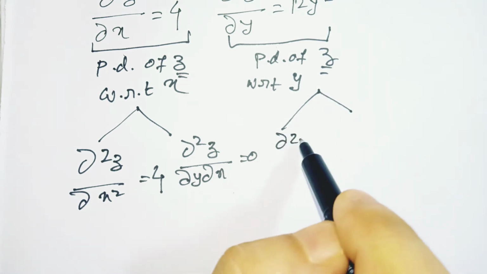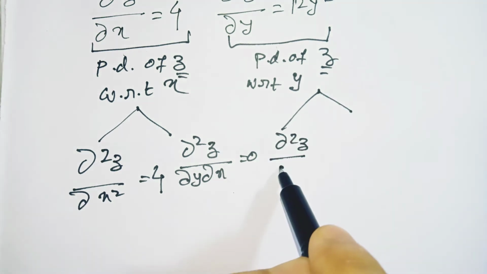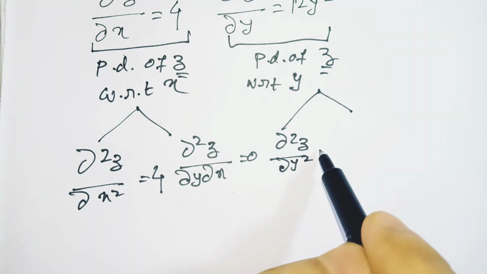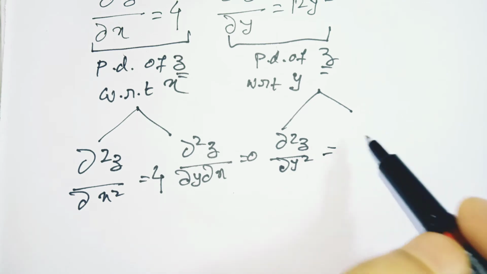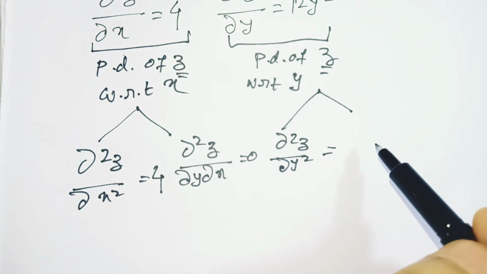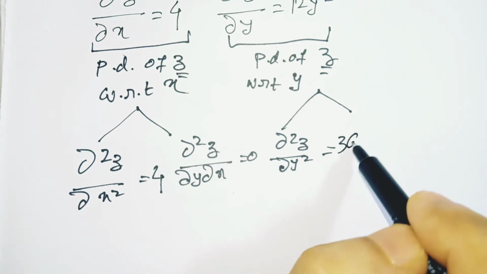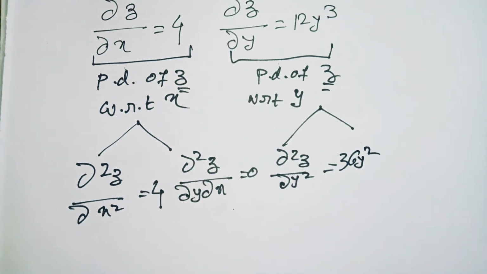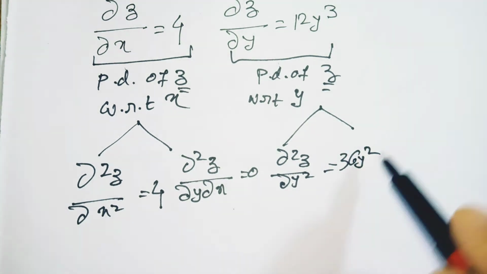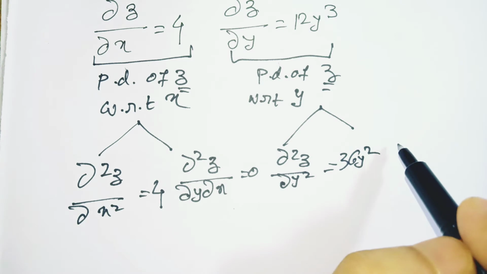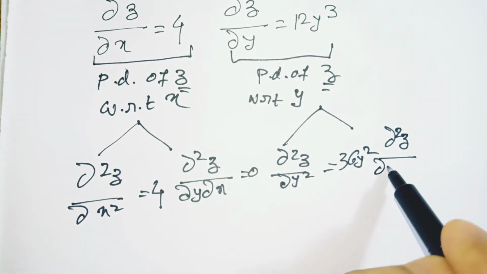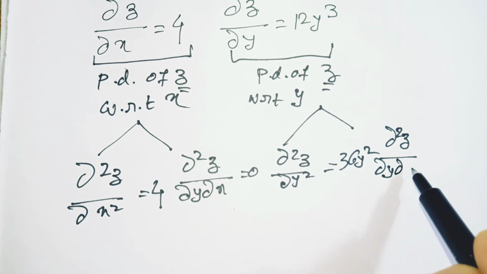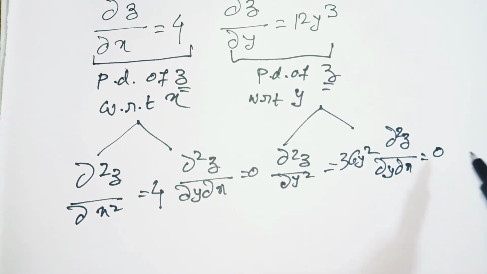We get d squared z by dy squared equals 36y squared, right? I'm solving for this. And I also get d squared z by dx dy equals 0.